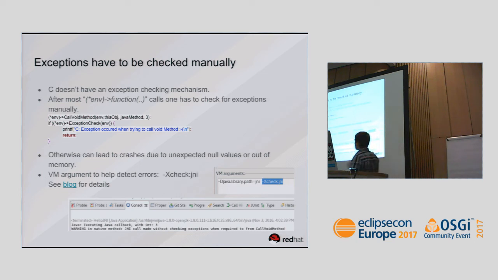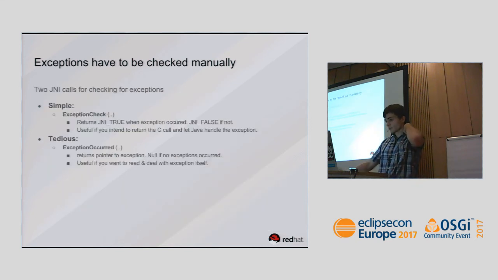If you make some calls where you didn't check the exceptions manually, they can throw some warnings into the console. And there's two types. The newer one is ExceptionCheck, which just provides a true or false if an exception occurs. And the older construct is ExceptionOccurred, which you can use to get more details about an exception.